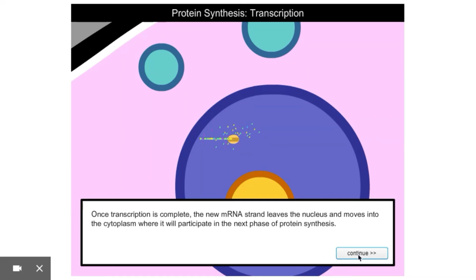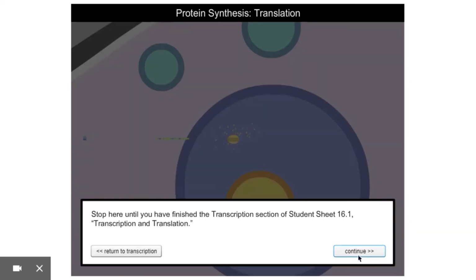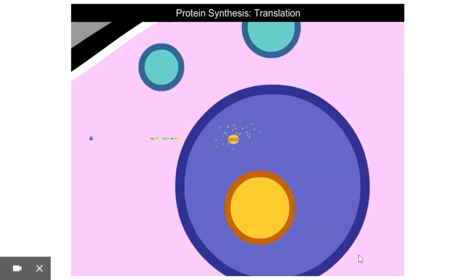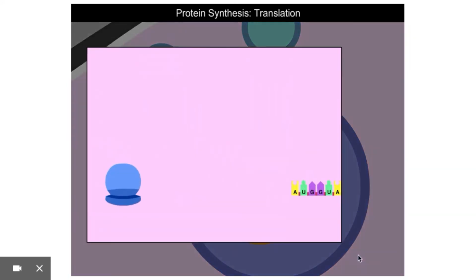Once transcription is complete, the mRNA can leave the nucleus, and it moves from the nucleus through the nuclear membrane into the cytoplasm.